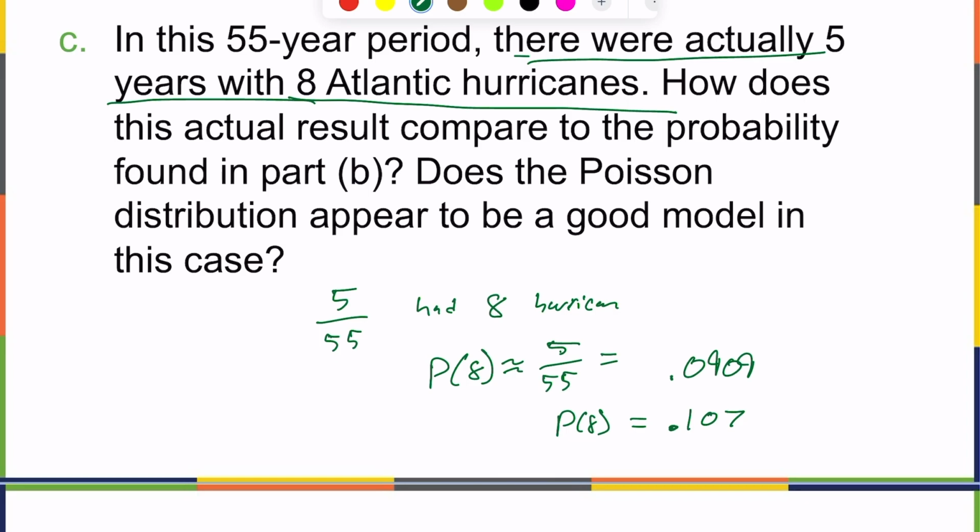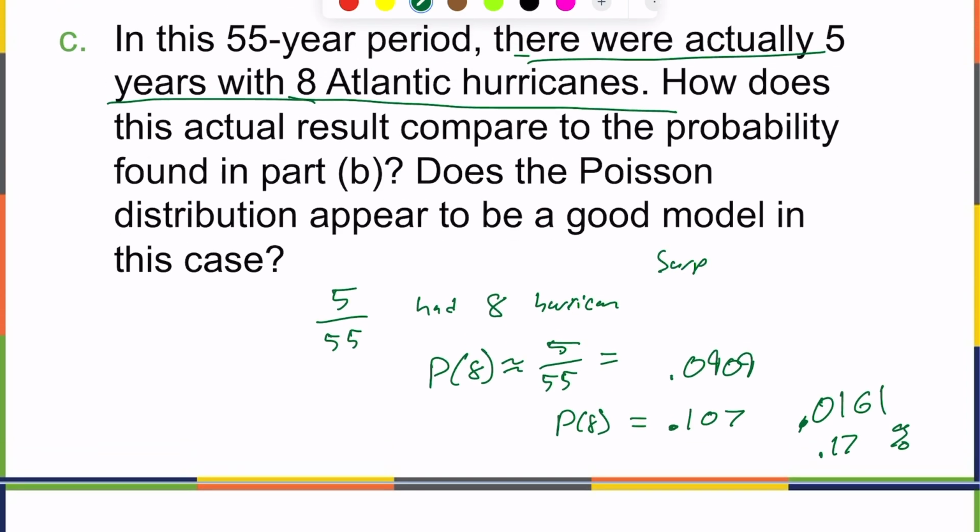Okay, so the absolute difference is 0.0161, and the relative difference is 0.17, so about 17% off. Among small numbers, that's not so bad. So was it a good model?